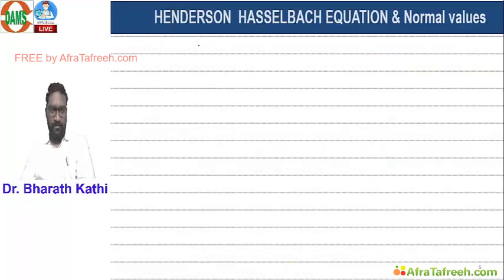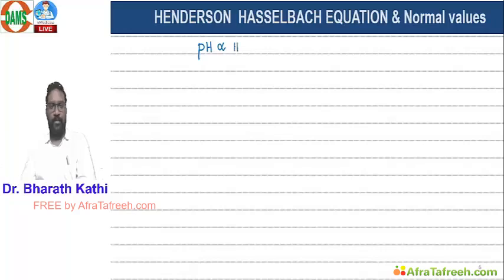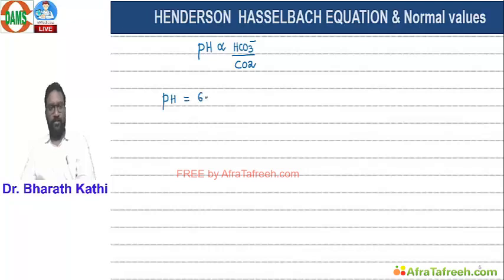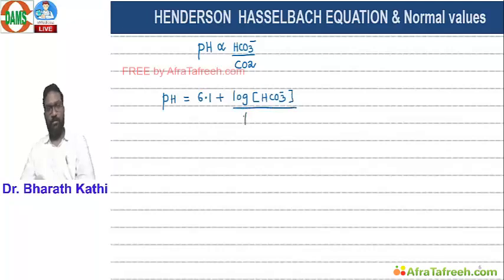We have understood up to now pH is proportional to bicarbonate by CO2, making a mathematical equation: pH is equal to 6.1 plus log of bicarbonate by PaCO2 into 0.03.